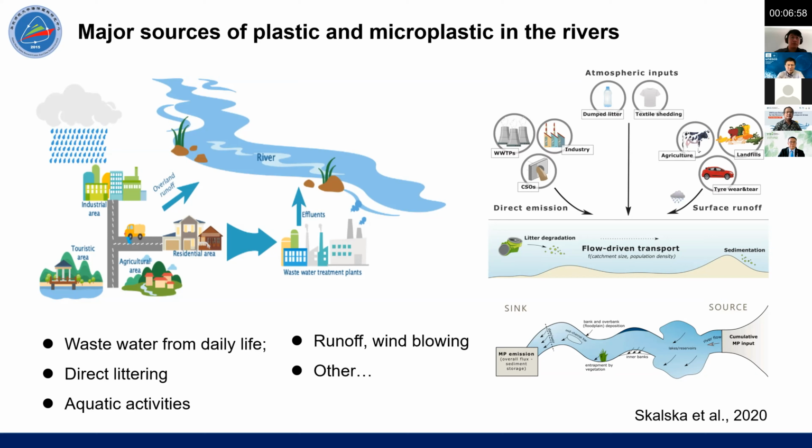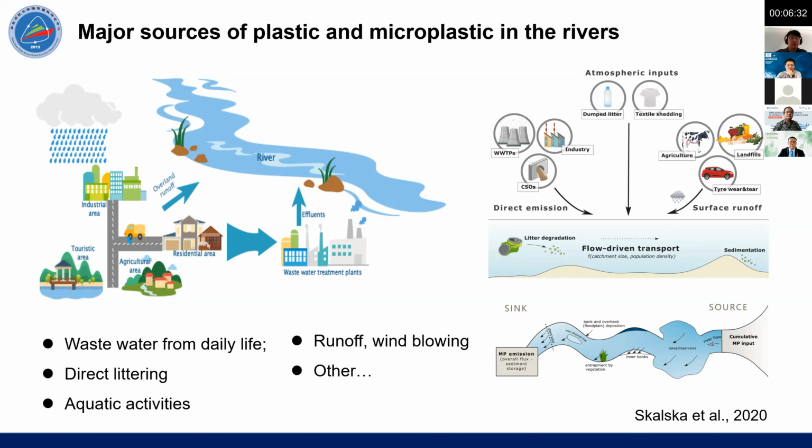Besides that, activities in rivers such as fishing, agriculture, and shipping also contribute parts of the plastic and microplastics in the river. Lastly, atmospheric deposition could also be a potential source.